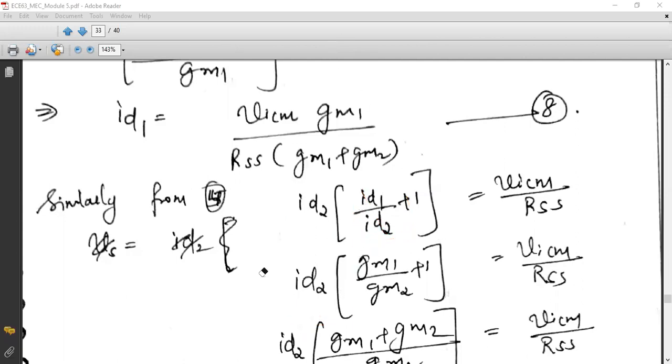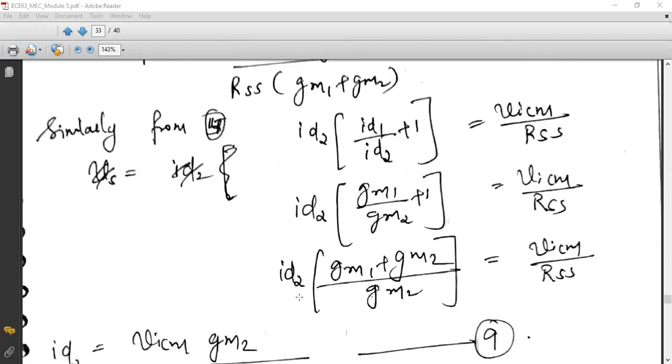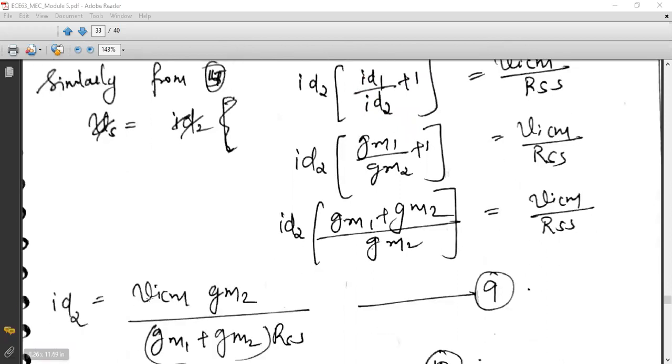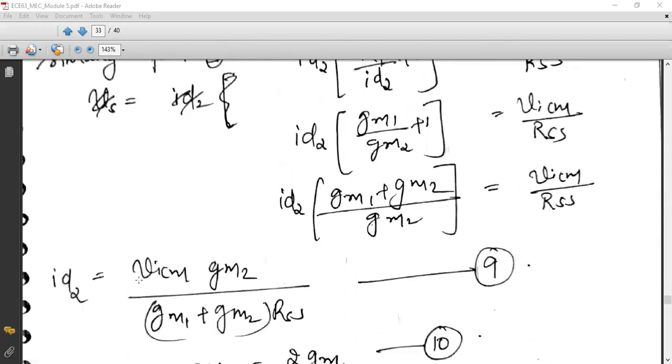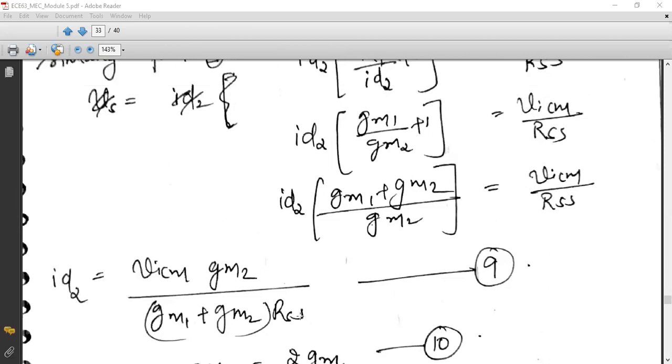So the ratio between ID1 to ID2 is GM1 by GM2. Again, take LCM, make it as a common denominator. So the equation will become, rearranging it, ID2 equal to VICM into GM2 by GM1 plus GM2 into RSS. So now you got two equations, number 8 and 9, that is the individual expression for ID1 and ID2.